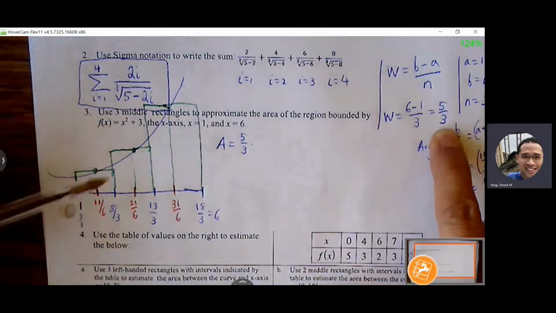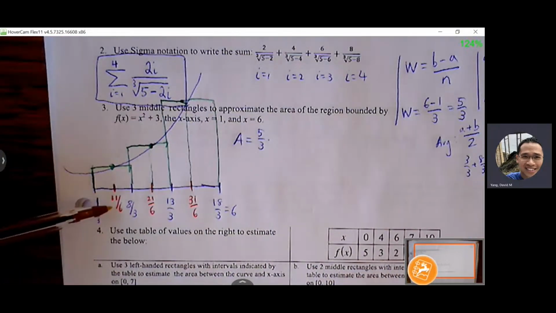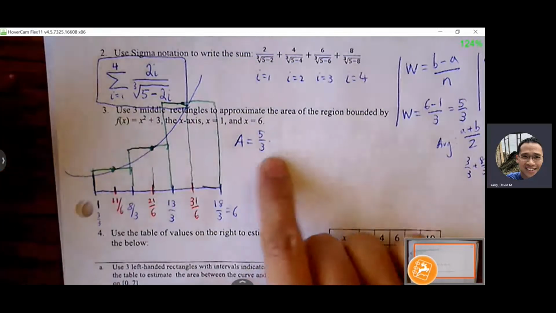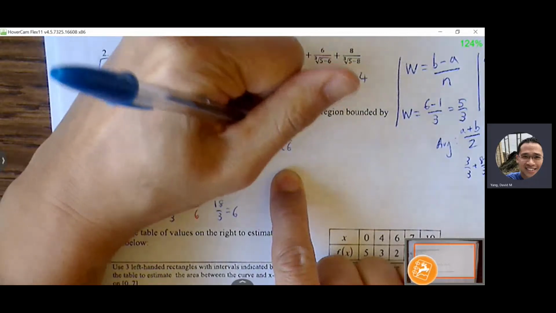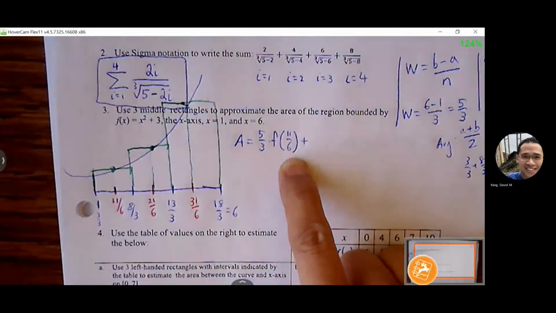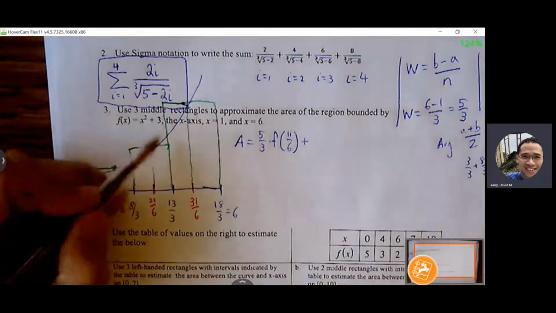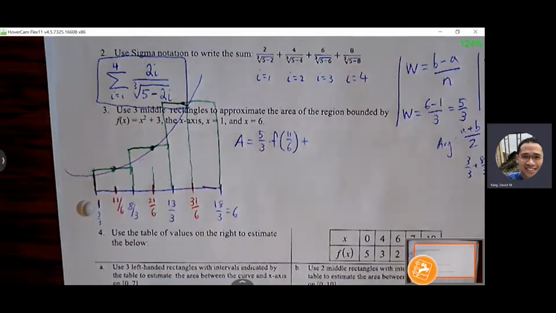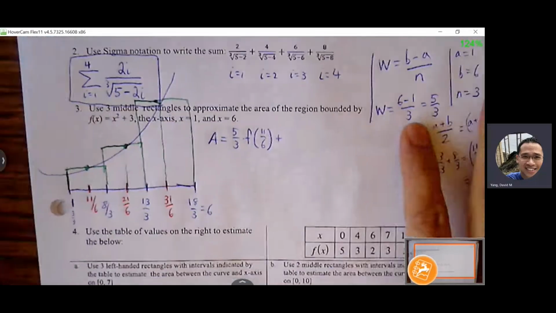We know the height of the first rectangle is going to come from 11/6, but it's not just going to be 11/6, right? It's 11/6 into the function. So I'm just going to represent that as f of 11/6. I haven't found the value yet, but at least I know how to move on to my next step. I'll insert 11/6 into the function, and whatever decimal value I get will be the height of that rectangle.